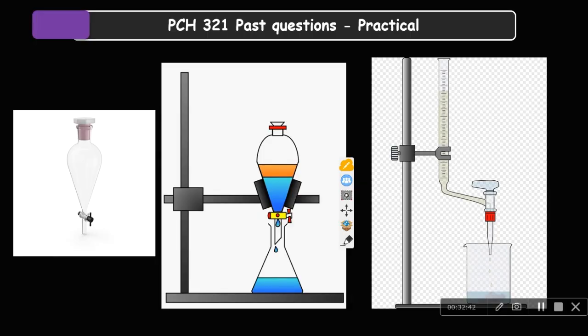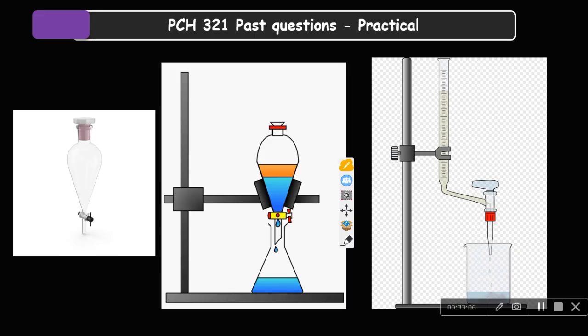Another precaution is that you make sure the endpoint is accurately taken by the first color change. That means you should not wait until it becomes very, very thick before you start taking your endpoint. That first persistent color change, which is pink, is where your endpoint should be taken.